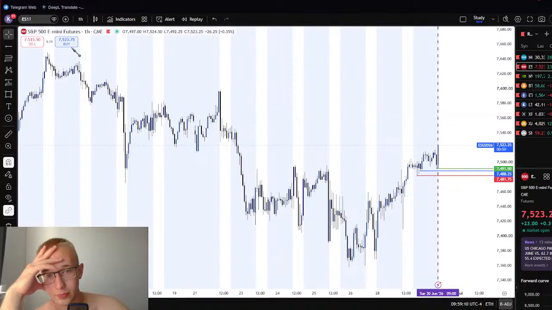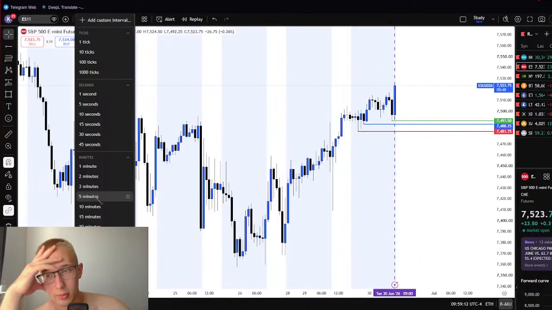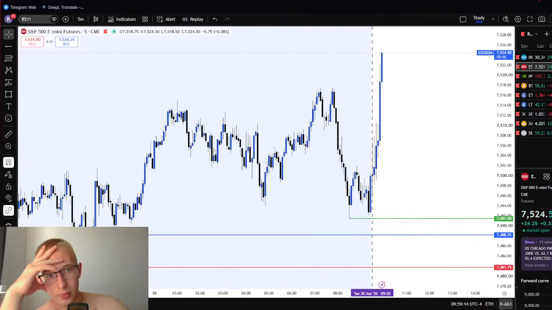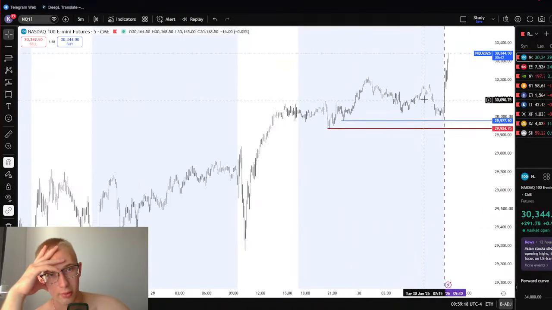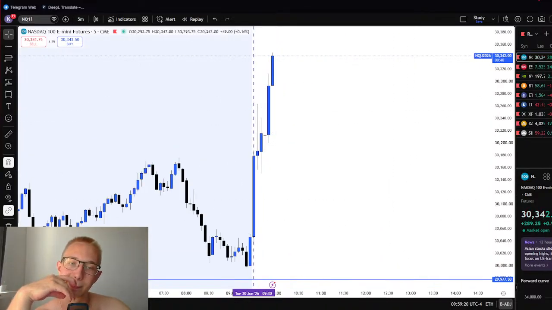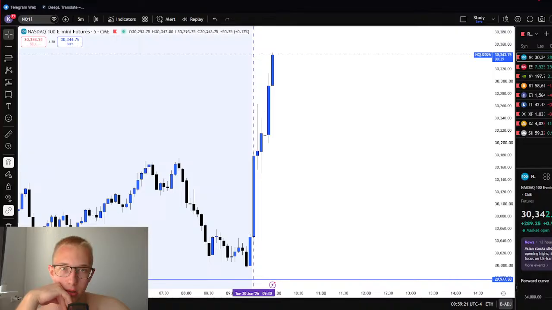So probably ES wouldn't be that bad, but this is really far away. Let me check how this looks on the hourly on both on my FTM application.